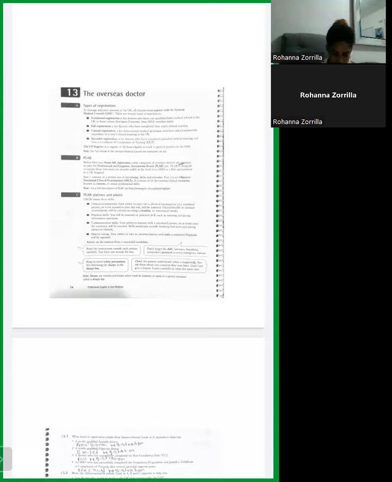Note, for a full list of registration types, see the General Medical Council website.